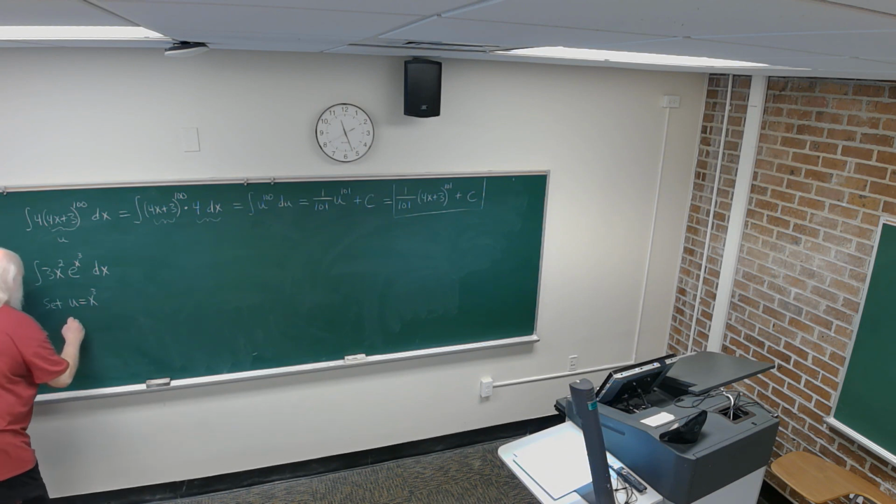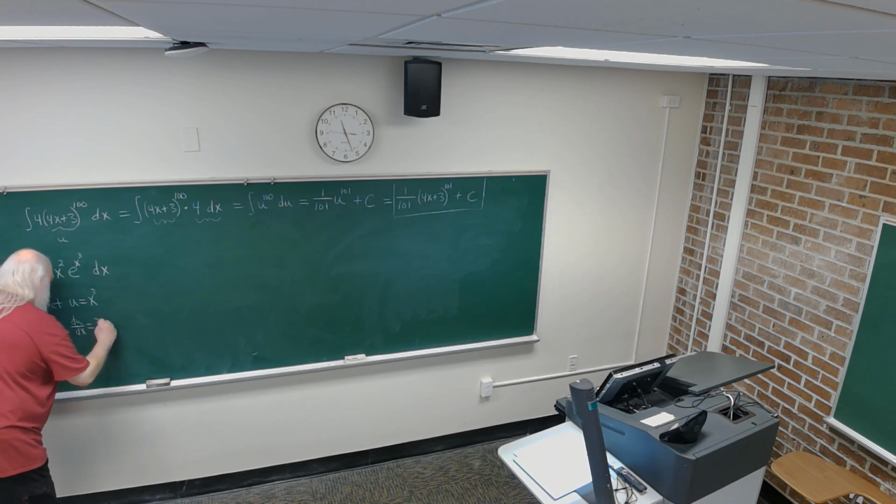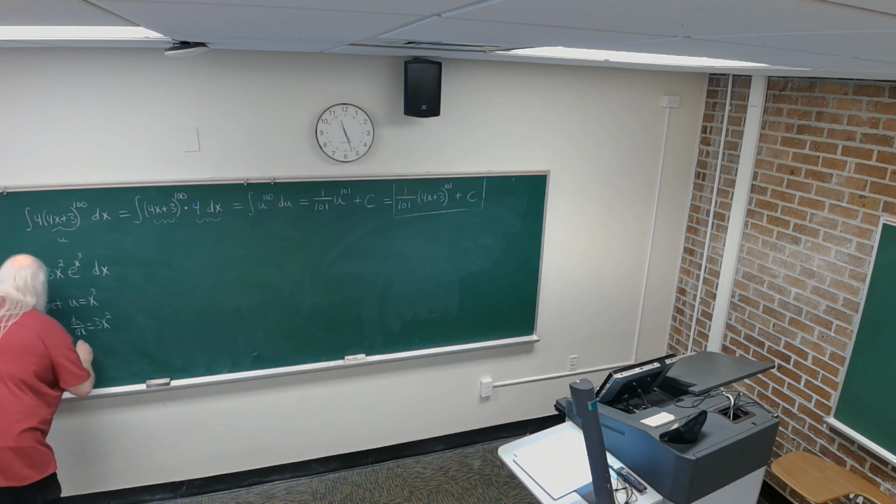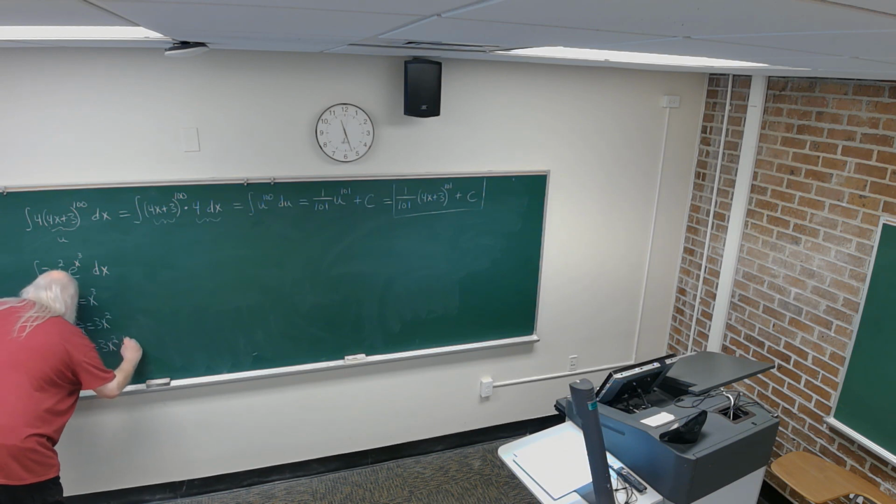Then when we differentiate with respect to x, the derivative of u with respect to x is 3x squared. And then when we multiply both sides by dx, we get du is equal to 3x squared dx.